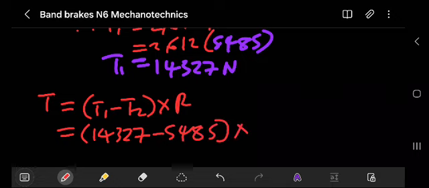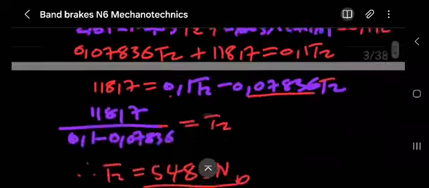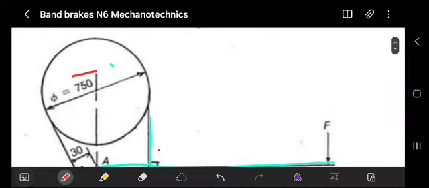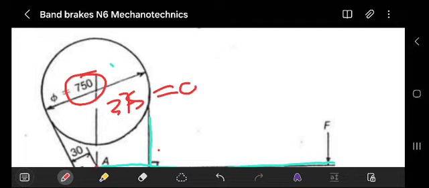The radius of the drum, what is the radius? 700 divided by 2 would be 375, whereby in meters will be 0,375.